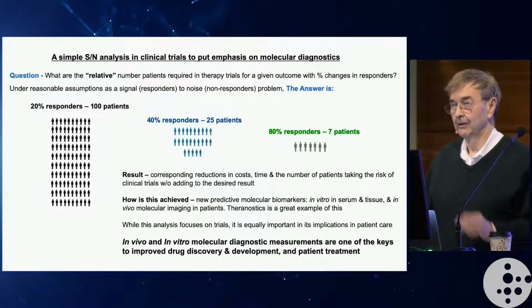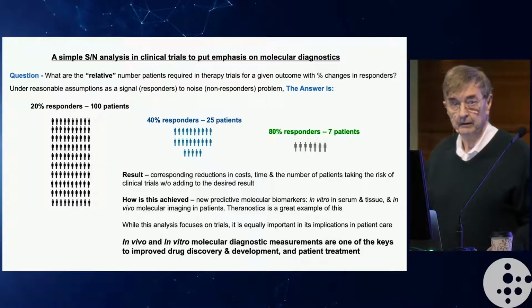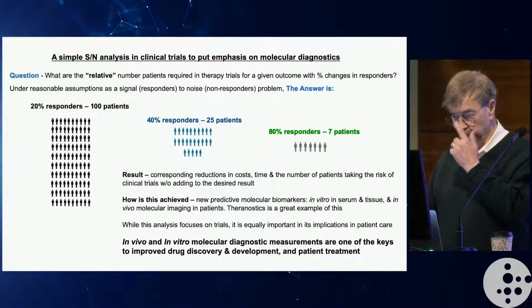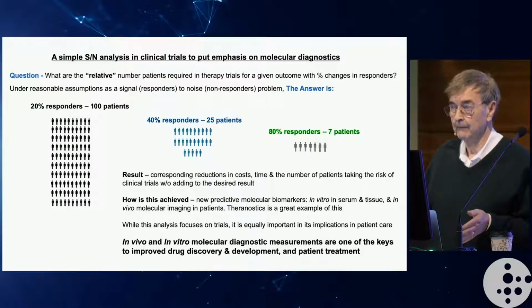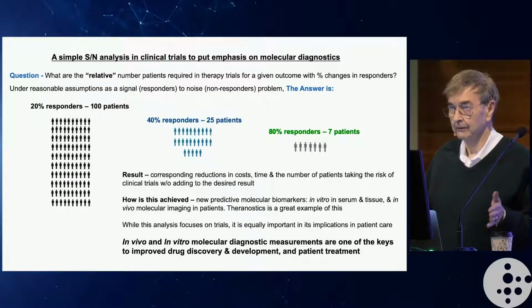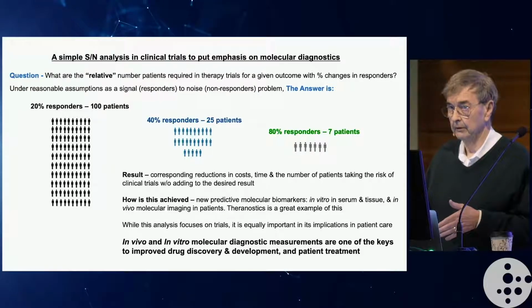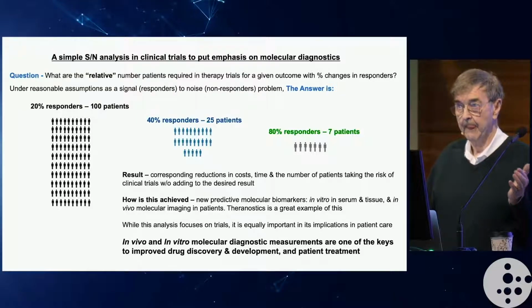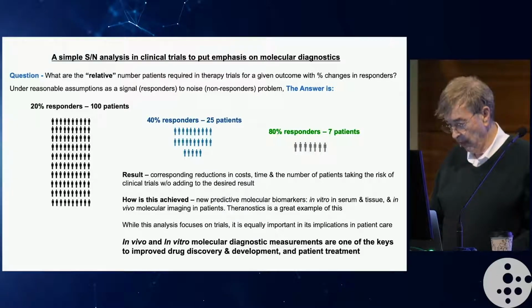But you have to develop new classes of molecular diagnostics that can achieve these enrichments. Theranostics actually does that. It is not a theoretical example, it is a real example. We have the diagnostic to select a patient with very high response rates and eliminate those who don't have the target.